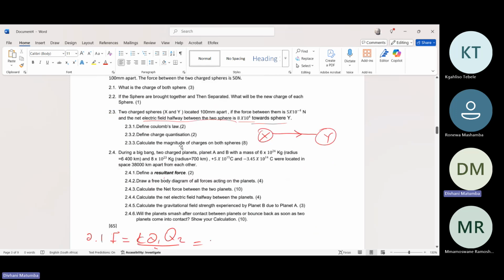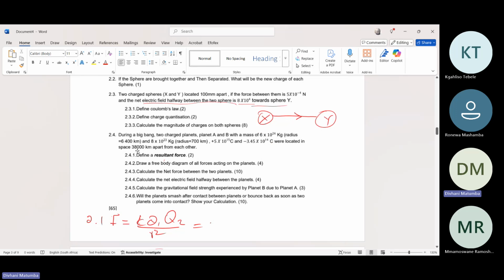Okay, but I've realized that it was one of the difficult questions, I think. 2.4, however, I think it was doable. What is the resultant force, Kathis? What is the resultant force?